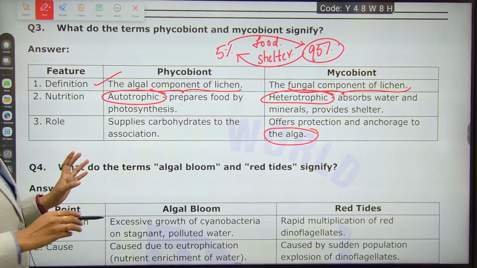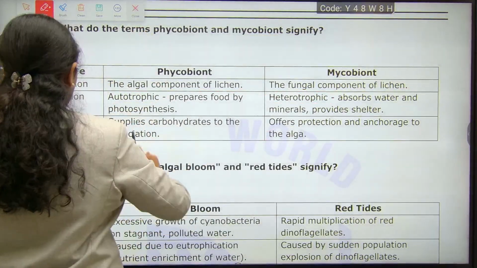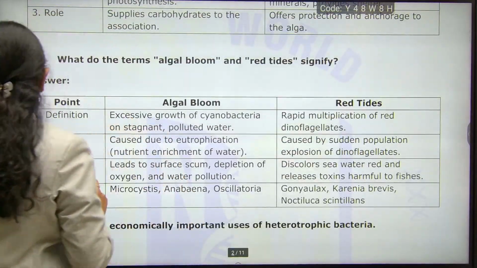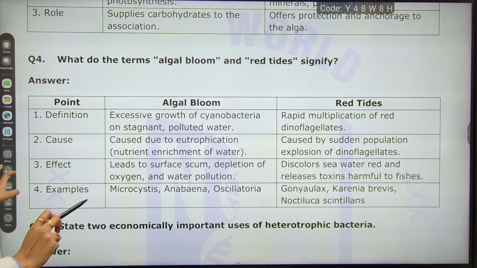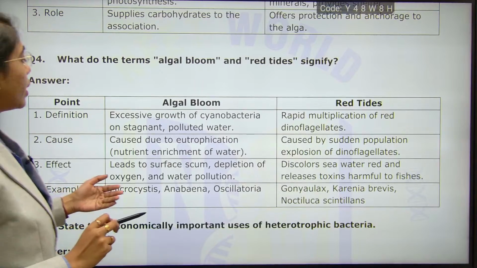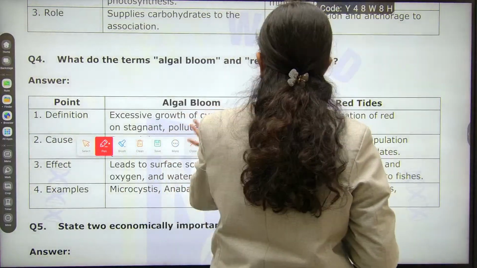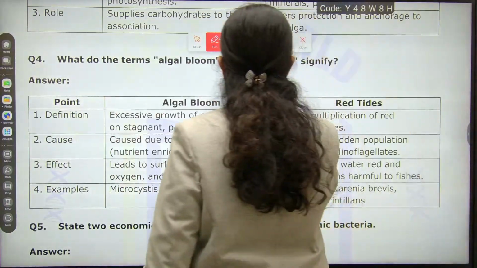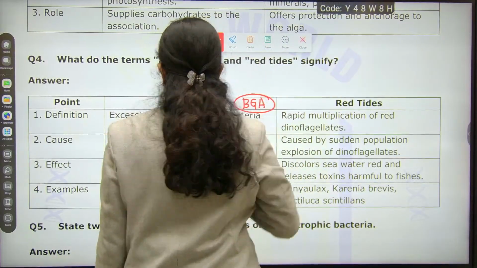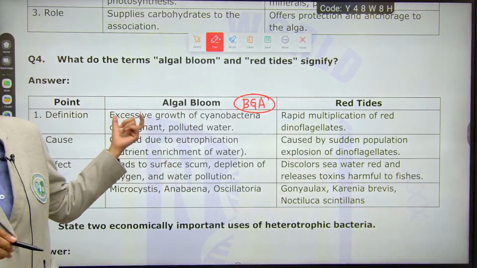Next, what do the terms algal blooms and red tides signify? Algal bloom is nothing but excessive growth of blue-green algae, BGA or cyanobacteria, on stagnant or polluted waters.